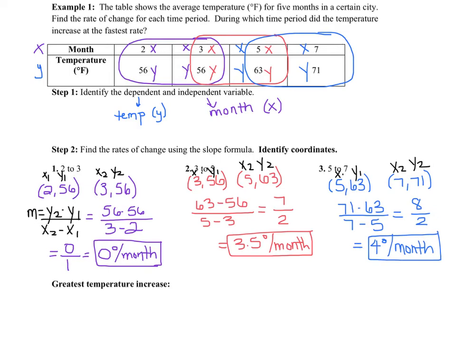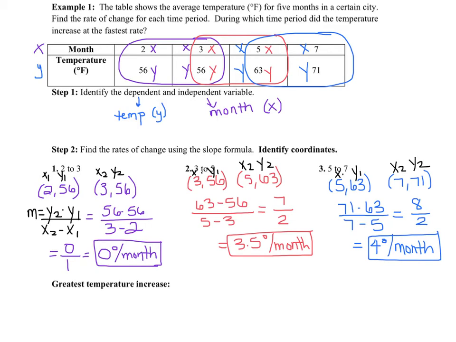So again, the question is asking you, during which time period did the temperature increase at the fastest rate? So what is our highest number here? Well, from 2 to 3, we have 0 degrees a month. From 3 to 5, we have 3.5 degrees a month. And then from 5 to 7, we have 4 degrees a month.